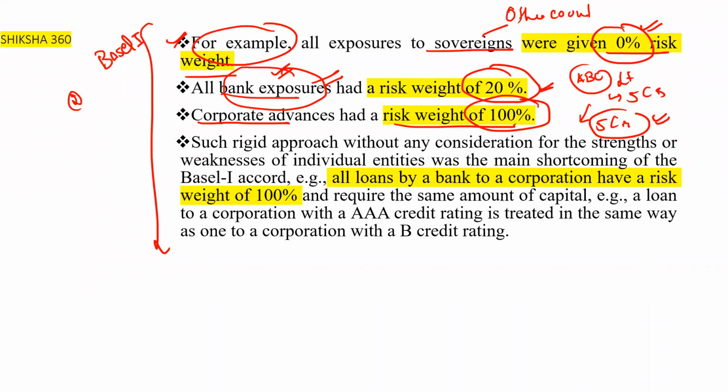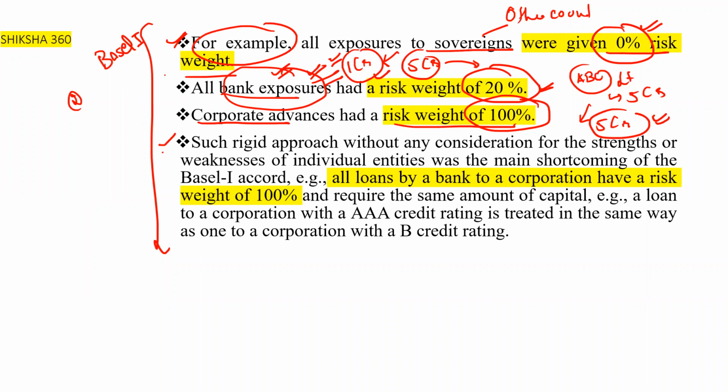That is the meaning of risk weightage. In bank exposure, if the bank is lending 5 crore, they have to maintain 20%, that is 1 crore, with themselves also. Not from that amount, but overall they have to maintain it.